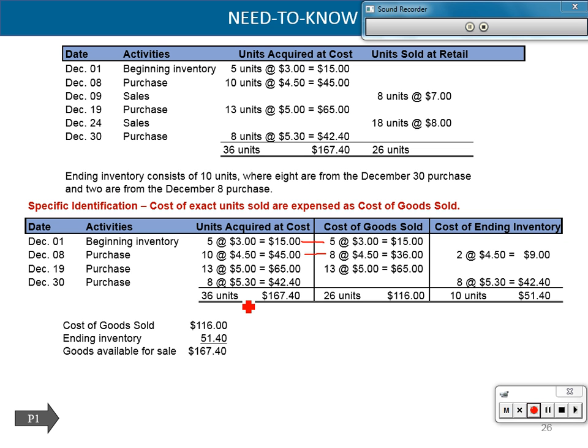When they sold 18 units, what happened? No, not at 450, I'm sorry. Okay, yeah. We paid 450. We sold it at $5.30. And why did we do that? Because that's exactly where we pull from.